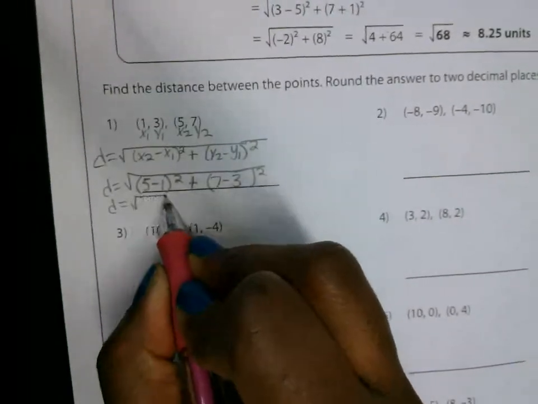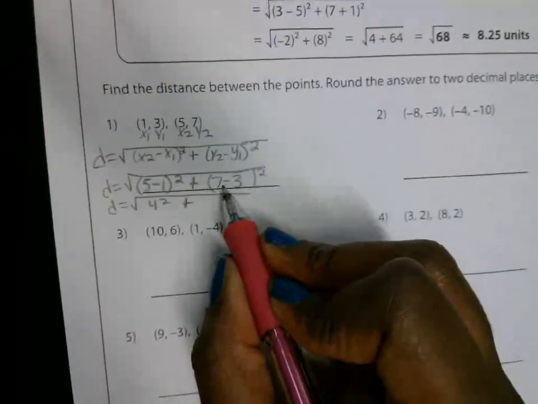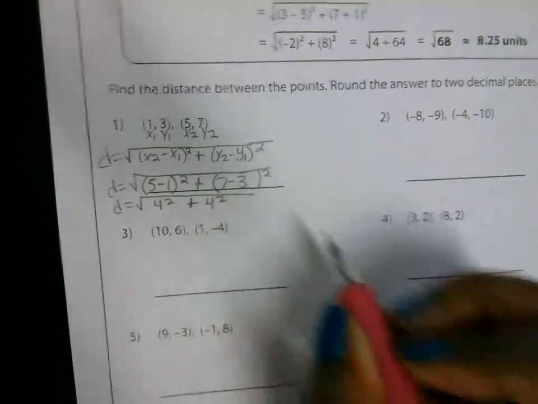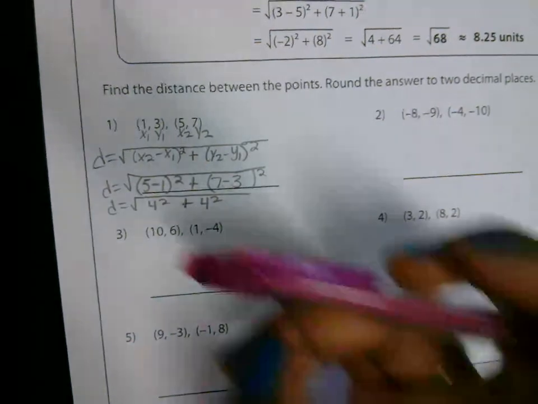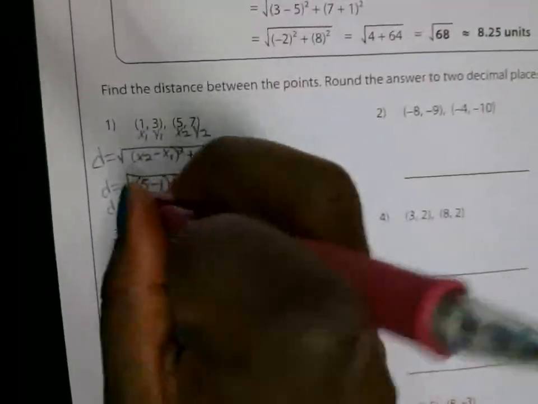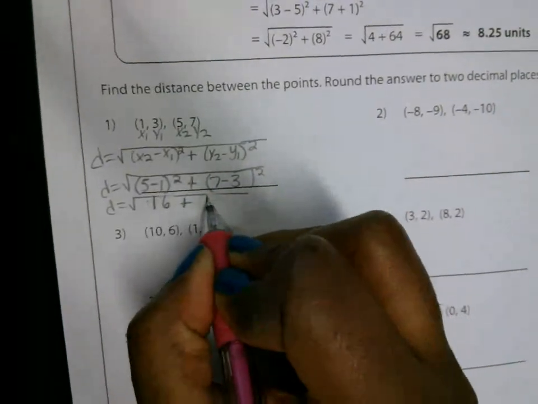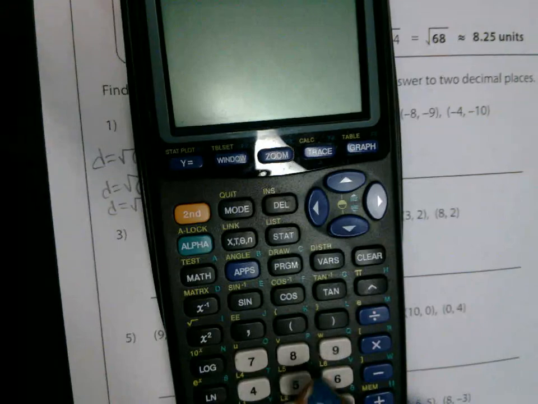We got 4 squared plus, we got 7 minus 3. What's that? 4 squared. Okay, what's 4 squared? 16. So due to space, I'm going to erase this and put 16. So what's 16 plus 16? 32. So we're going to do the square root of 32.